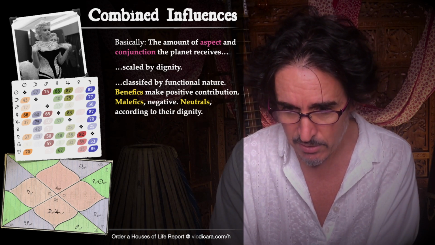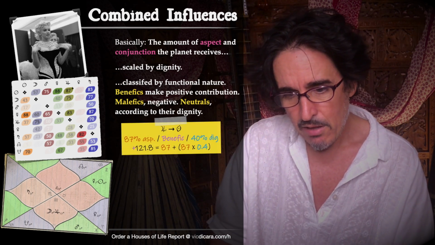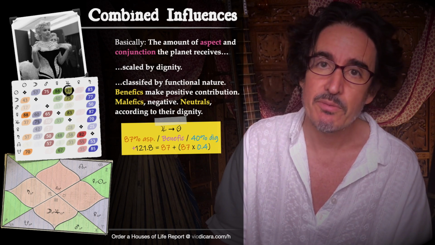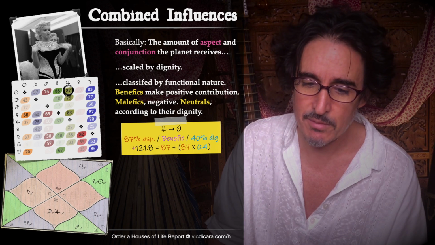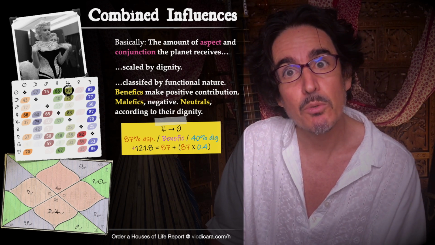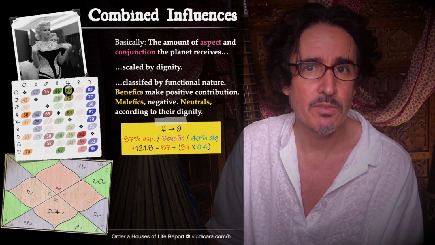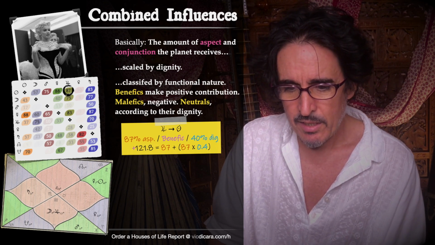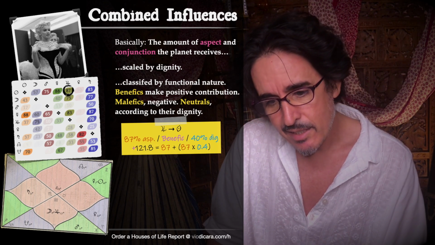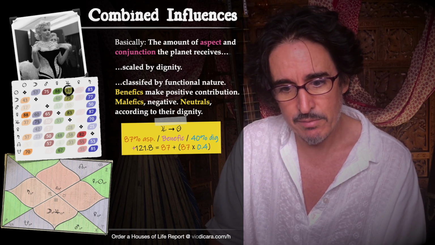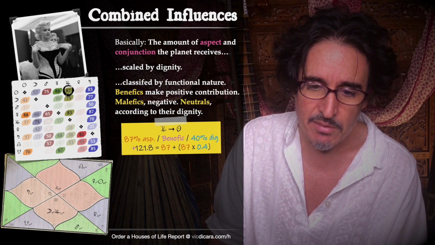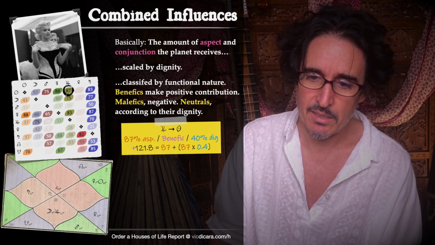I'll show you examples of all of these. In fact, right now, let's do it. Here's an example of a functional benefic. Jupiter is a functional benefic for the Leo ascendant. The reason is that it has a Mula Trikona sign on the 5th house. It owns the 5th house. So since it's a functional benefic, its influence is going to be benefic or positive. It has an 87% aspect on the sun.